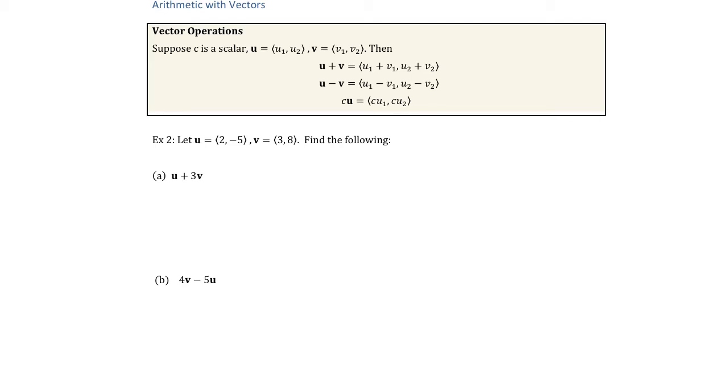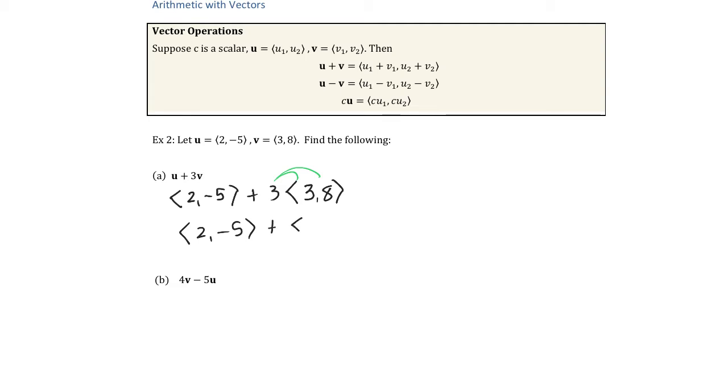So let's see, if I have a vector 2, -5, where 2 is the x and -5 is the y, and I'm adding 3 times the vector v, which is at the point 3, 8. What you can do is you basically just multiply both the x and the y component of your vector by 3.